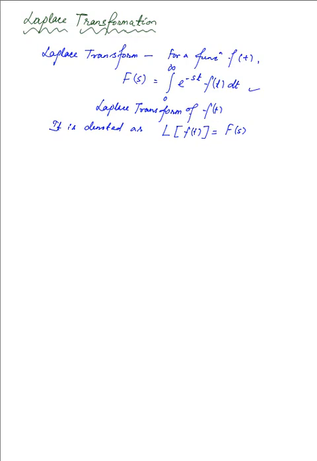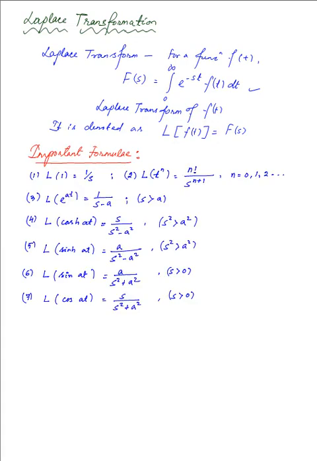Now, some of the important formulas that you can get from this transform is what I'll be writing down. So these are some of the important formulas that we can use to our benefit.